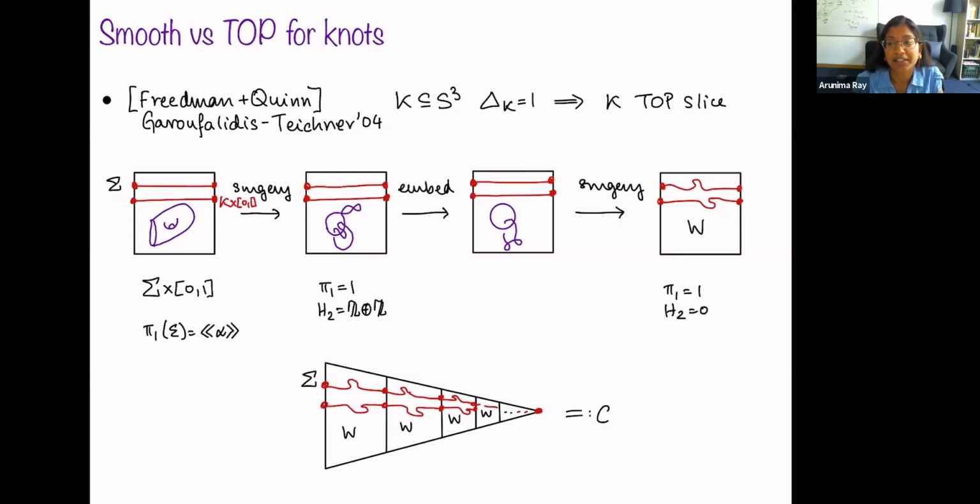So if you give me a contractible four manifold bounded by S3, it must be B4. As an exercise, prove that using the h-cobordism theorem. Relative h-cobordism theorem, perhaps. Further questions?